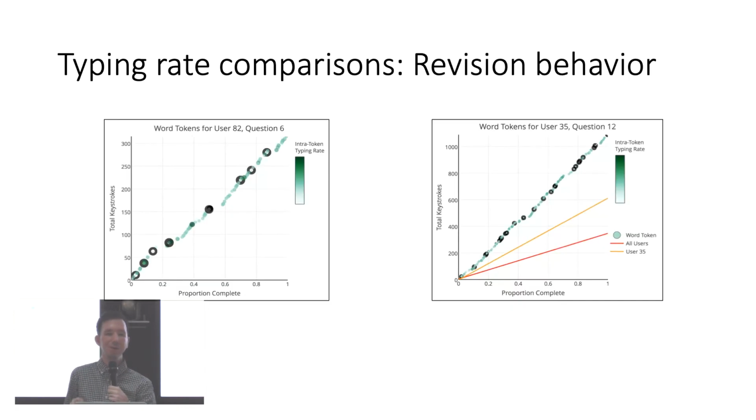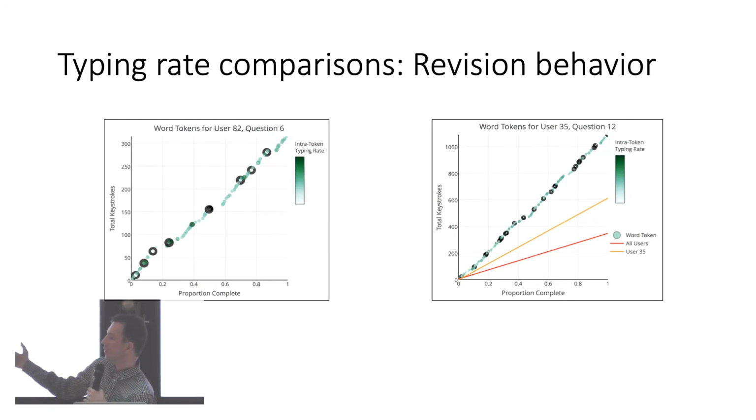And then finally, we can look at revisions. On the left, you see someone who's making a lot of revisions, but when they make a revision they stop. They have to think about what they did. Versus on the right, you have someone who's a very fast typist, and they're making lots of mistakes and lots of revisions, but it doesn't faze them. And they keep plugging away right along. So you get a sense of two very different types of typing sessions.